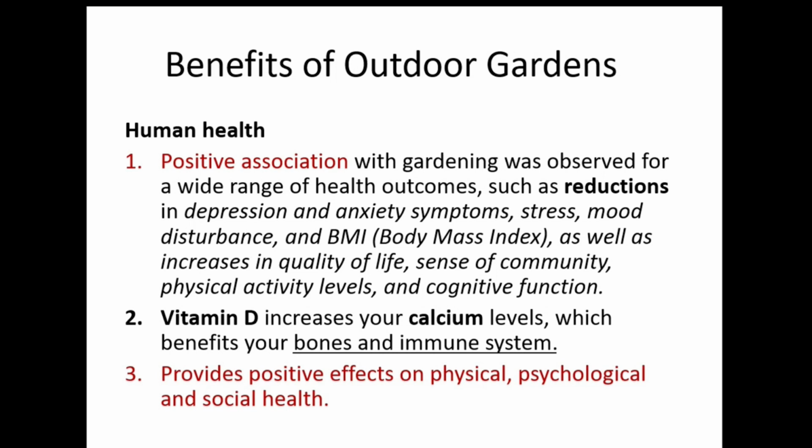So the positive association with gardening: what benefits we can get is a reduction in depression, anxiety, stress, and mood disturbance, and body mass index will be maintained. It also increases quality of life, sense of community, physical activity, and cognitive functions. Cognitive function means the thought process, the mental related activities, which will be increased.